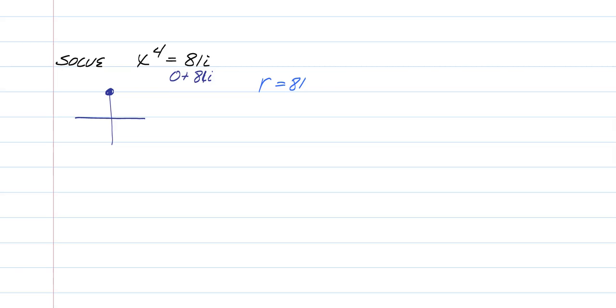Our theta, up here on the y-axis, is 90 degrees. Just like the last example, since we're doing the fourth root, our first step is to take 81 raised to the 1/4 power, CIS, and then 90 degrees divided by 4.